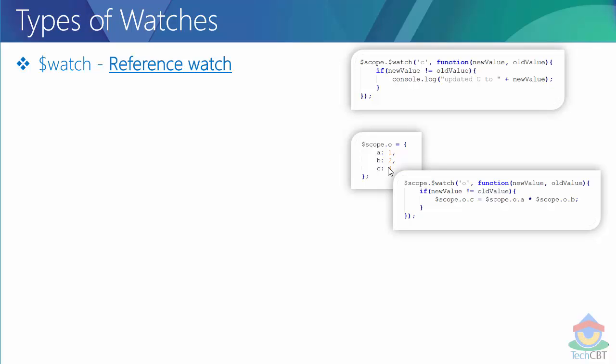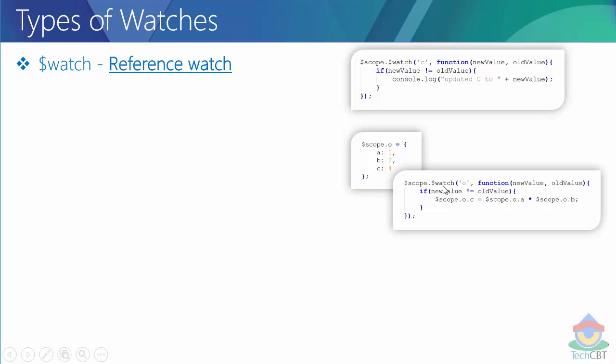If such is the case, even though you use $watch with O, it actually tries to figure out the change of this object from the reference perspective, but not really the property perspective. So even if O.A has been modified, or B has been modified, or C has been modified, this watch is not going to work. If O itself is modified, for example O is assigned to some other object, then this gets fired.